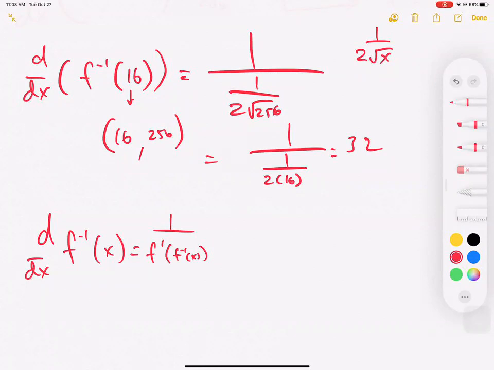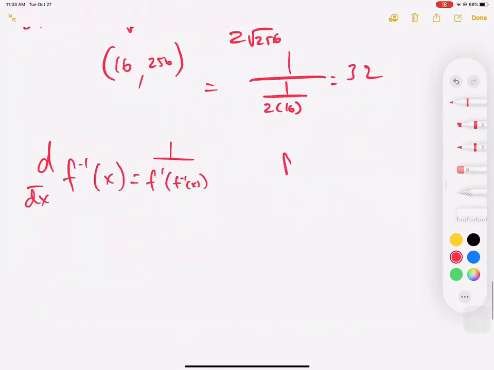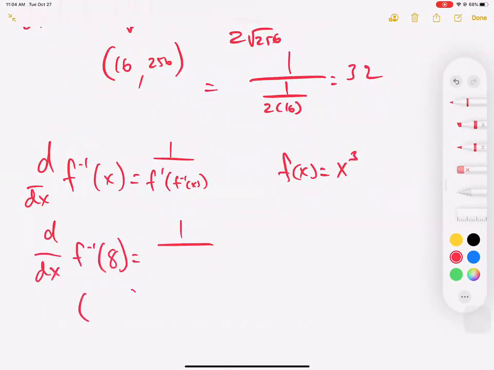So if f of x is equal to x cubed, and I ask you, what is the derivative of f inverse at, let's do 8 again, because we just did it. This is 1 over, if I plug in 8, we should get 2, because if I plug in 2, don't we get 8?